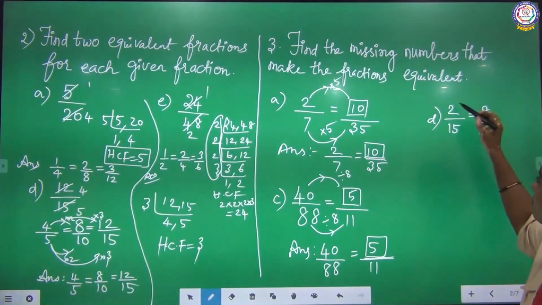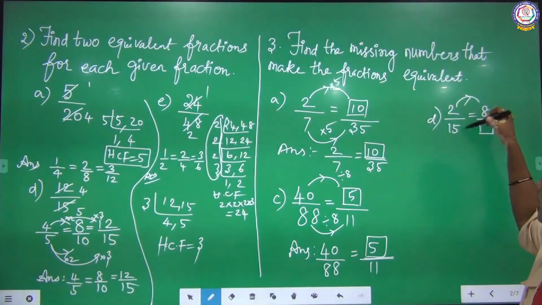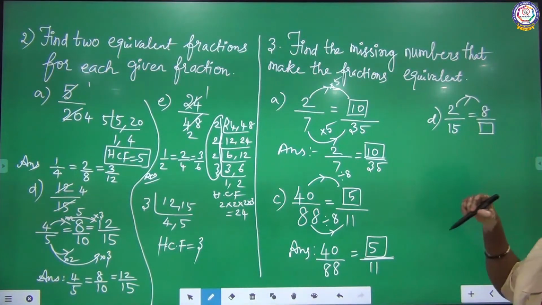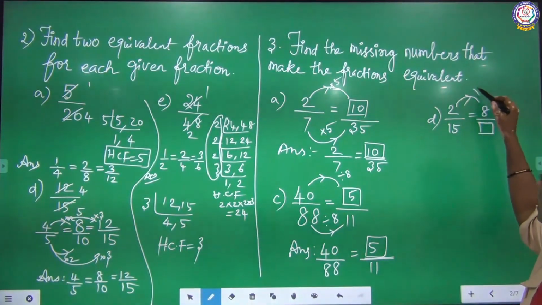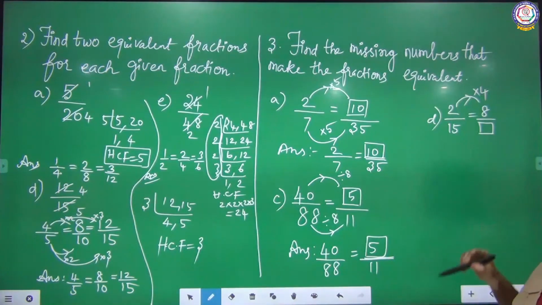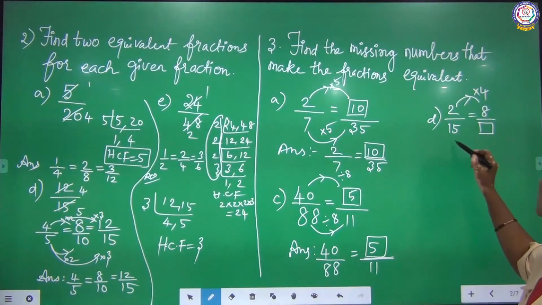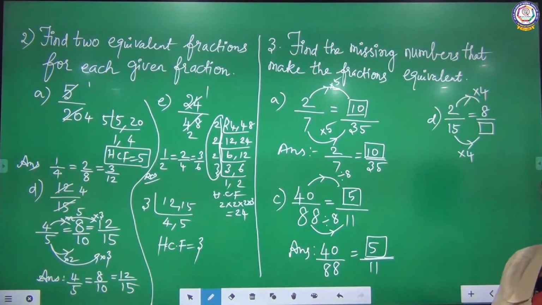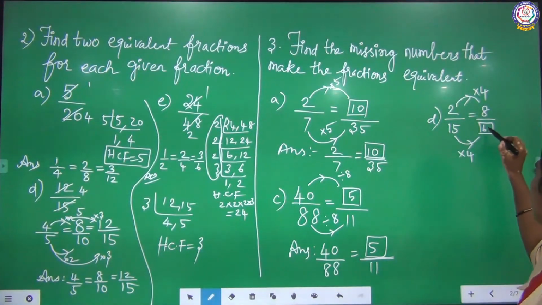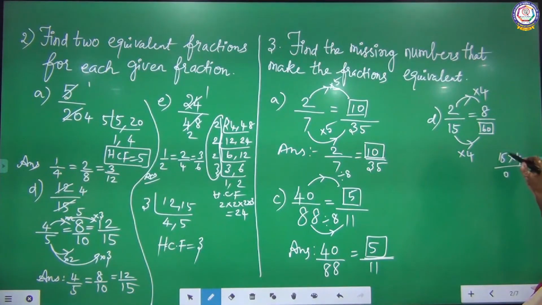See here, 2 by 15 is equal to 8 by box. So 2 by 15. So 2 when I multiply by 4, I can get what? 8. Same thing, 15 I multiply by 4, what is the answer? 60 is my answer because 15 fours are 60.